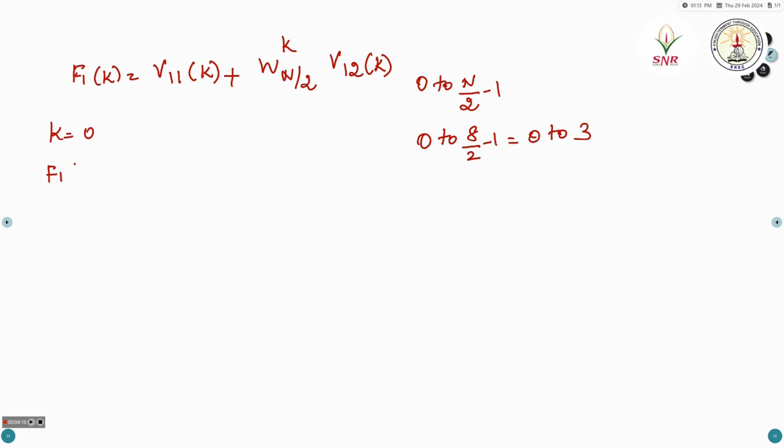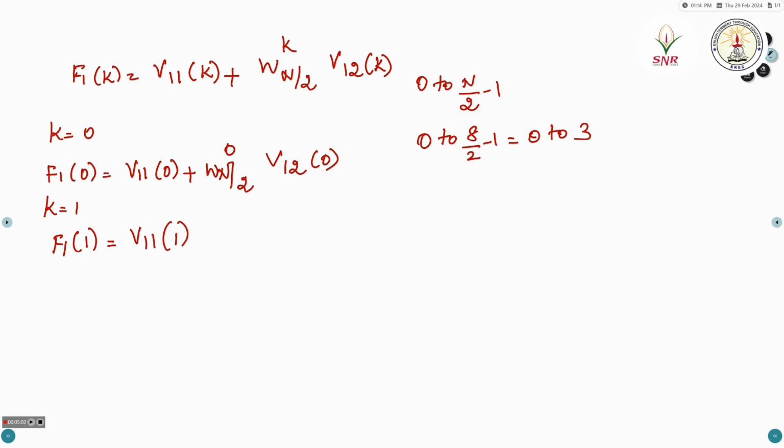So it becomes f1 of 0 is equal to v11 of 0 plus W n by 2 power 0 v12 of 0. I am substituting all the k values. Similarly, for k equal to 1, it becomes f1 of 1 is equal to v11 of 1 plus W n by 2 power 1 v12 of 1.